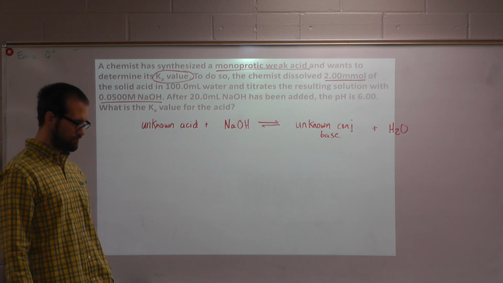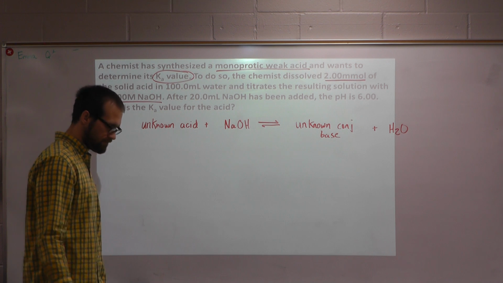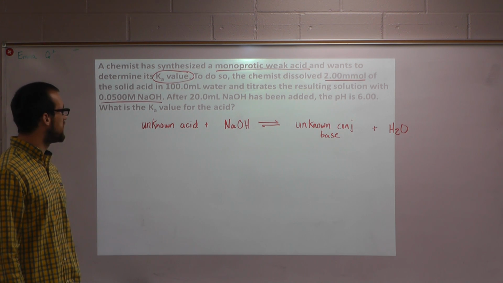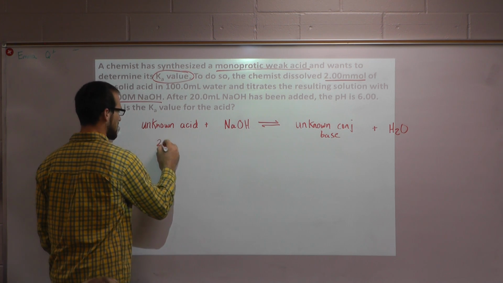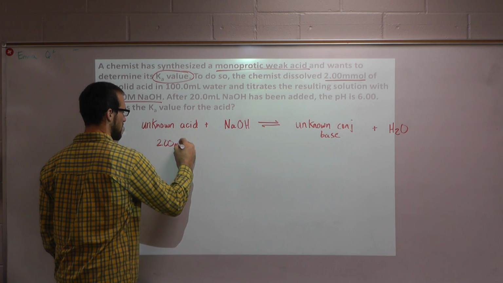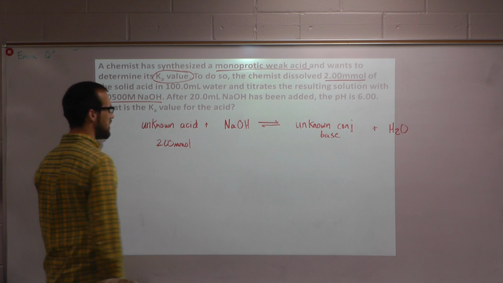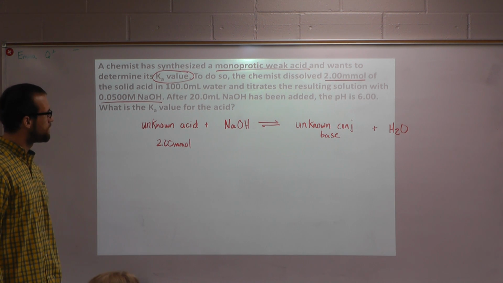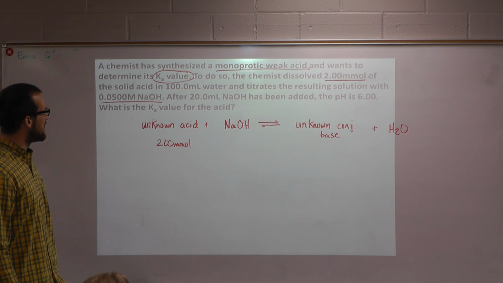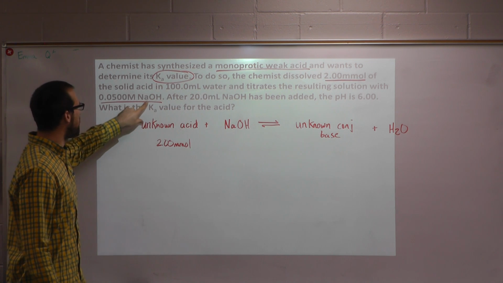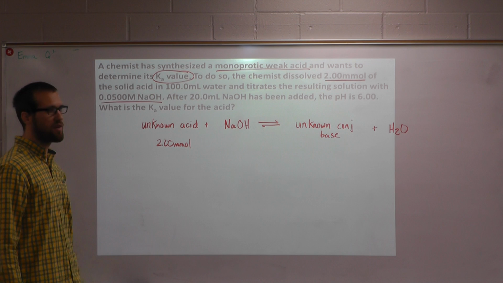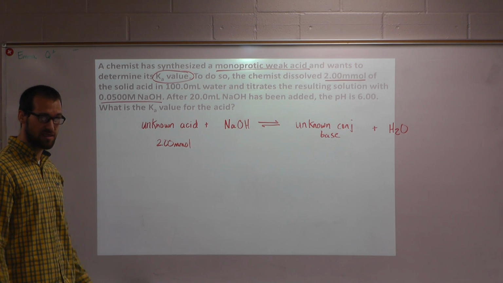That's what we know. Here's also what we know. We know the number of millimoles of my unknown acid. And after we added 20 milliliters of 0.05 molar NaOH, couldn't we figure out the millimoles of my strong base?